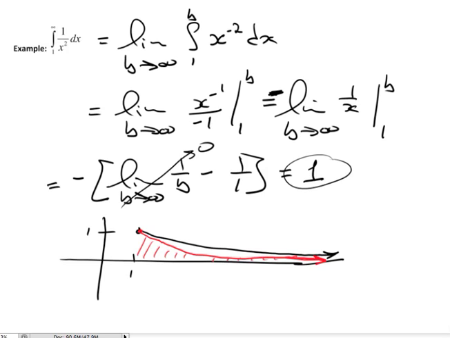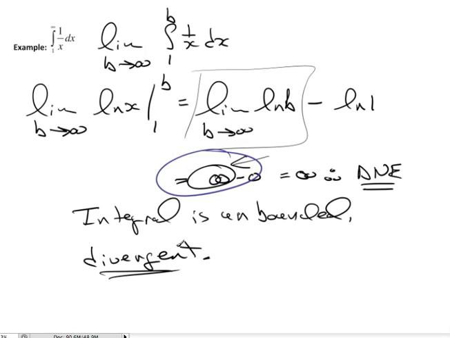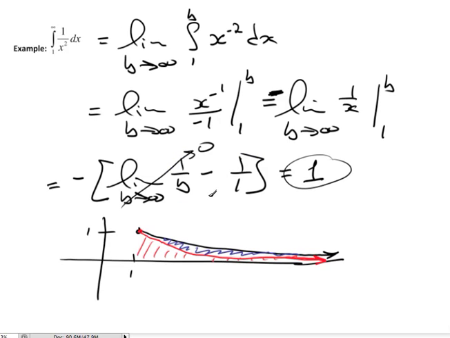It's 1. But what I ended up with is an infinite amount here between these two curves. And that's what made it blow up and give me infinity here. So we'll explore this in much more detail later in the course. But the key here is not that it simply goes to 0, that asymptotically it goes to 0, but rather how quickly it goes to 0. 1 over x squared goes to 0 fast enough. 1 over x does not.